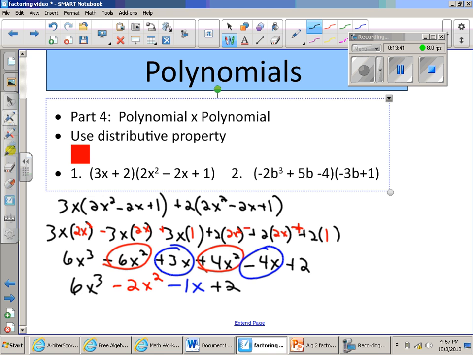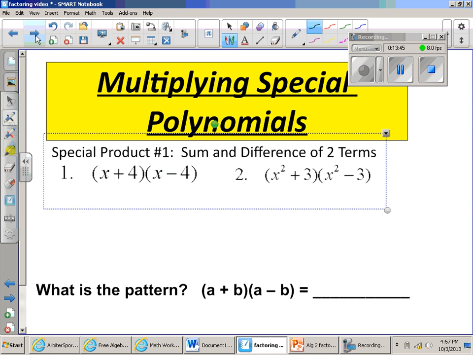You try number 2 on your own. Let's look at these multiplying special polynomials. Cover it up.